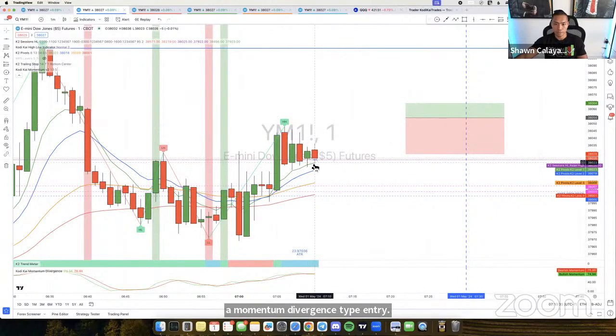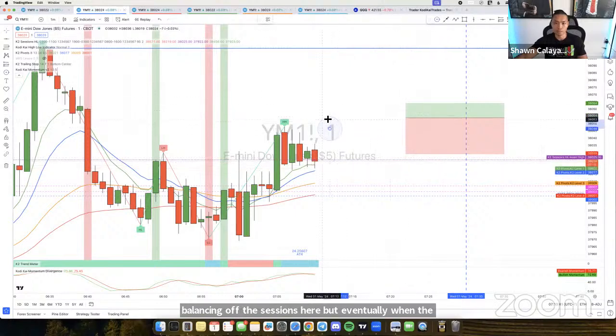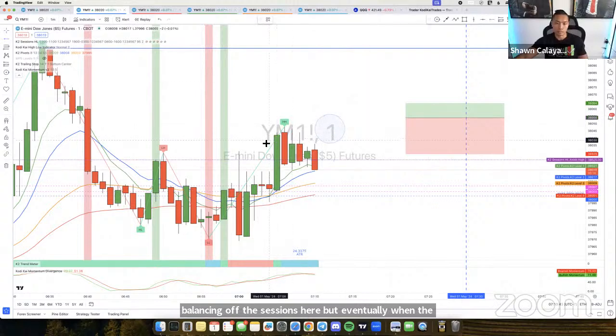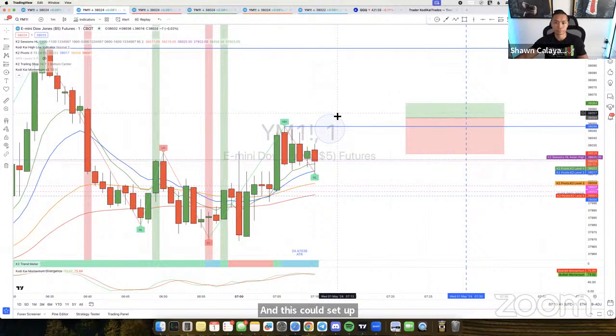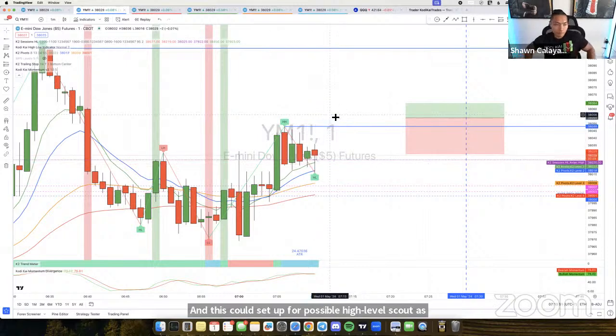So I'm okay with it bouncing off the pivots and bouncing off the sessions here, but eventually when the entry comes up, I need it to be a little bit higher, like around this area up here. And this could set up for a possible high-low scalp as well. So I'm just using multiple confluences here to look for these opportunities to come up.